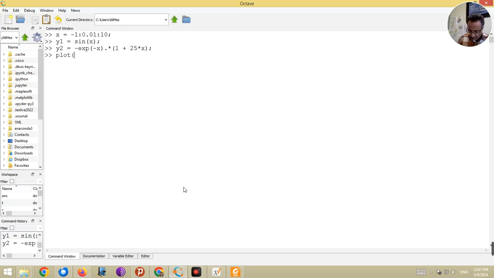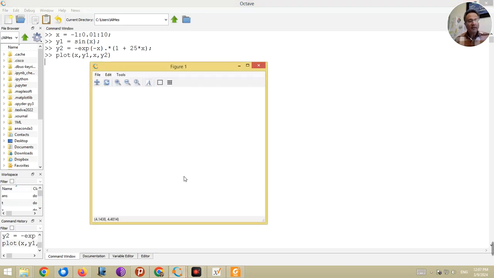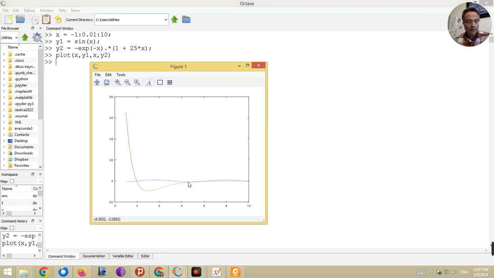Now let me plot x and y1, x and y2 in the same plot. So if you have a look, you can find a 0 here and something here and maybe something here, and it will continue on the right side of 10.